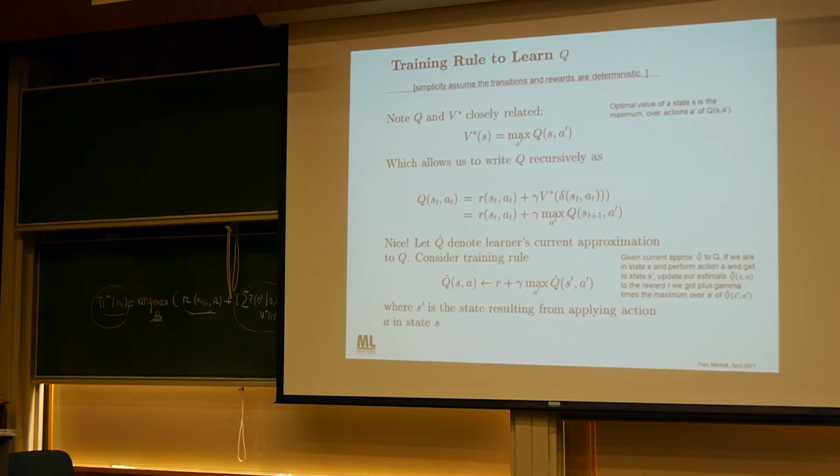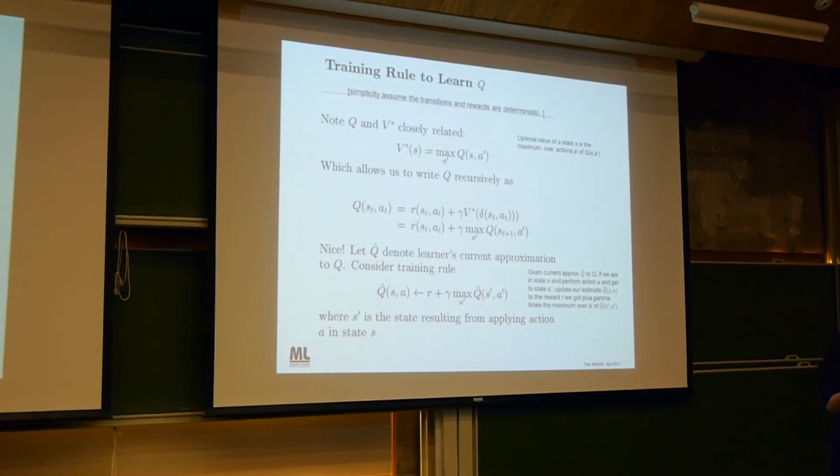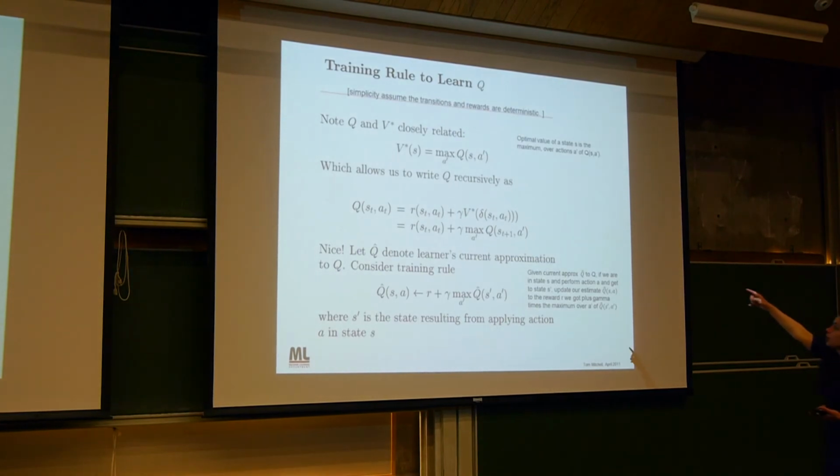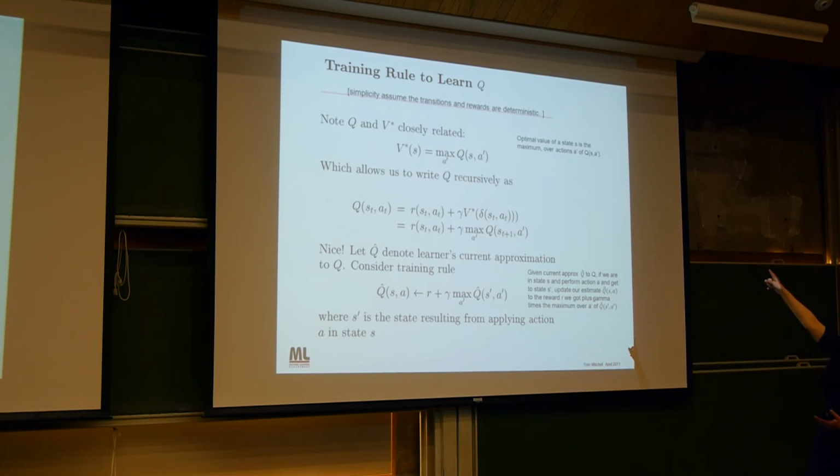Using this, we can observe that the Q of a state ST and the action AT is the reward you get from that state by following that action, plus gamma times the maximum over all A prime of Q of ST plus 1 and A prime, where ST plus 1 is the new state that I'm getting into.